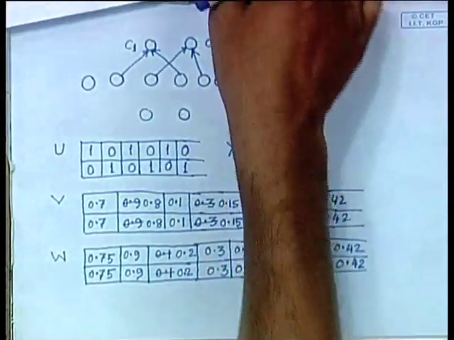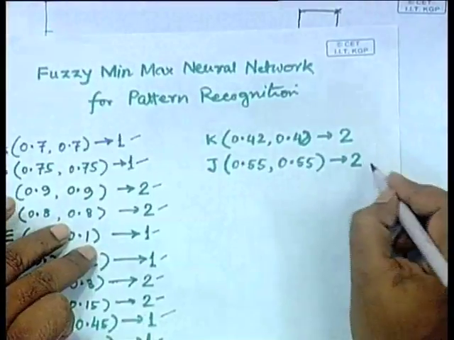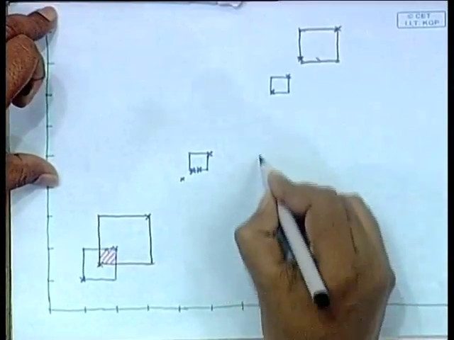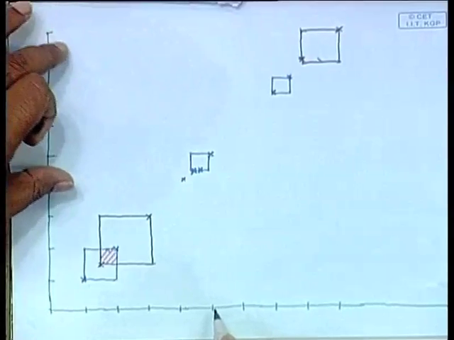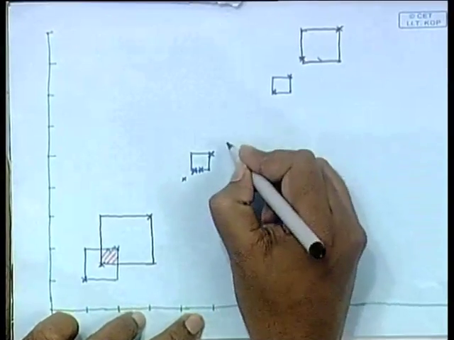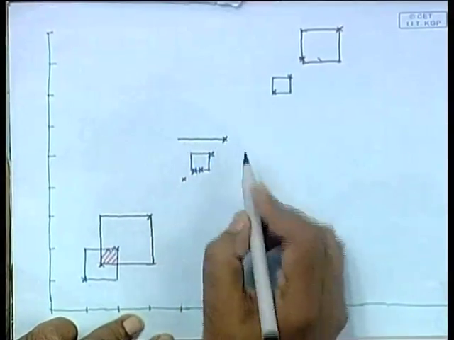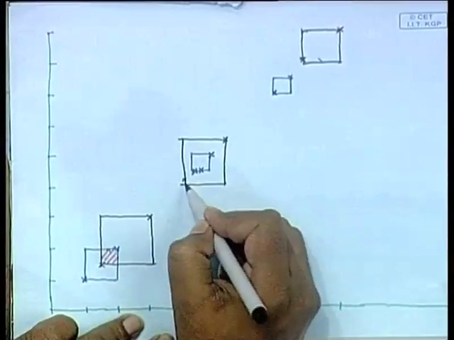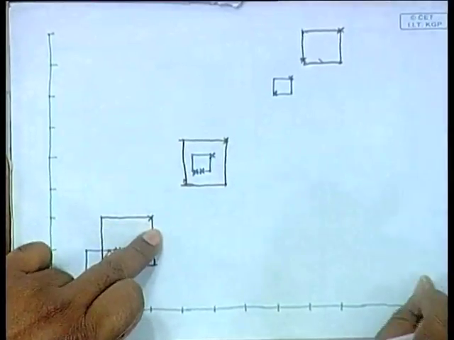Okay. Then I take the next point, which is 0.55, 0.55, put in this, 0.55, 0.55, this is 0.5, right? Yeah, this was 0.5. So, 0.55, 0.55 comes over here. Okay. I expand the previous hyperbox. So, accordingly, because it is an expansion of the previous hyperbox, I do not have to make any entry in the middle layer of the classification section.